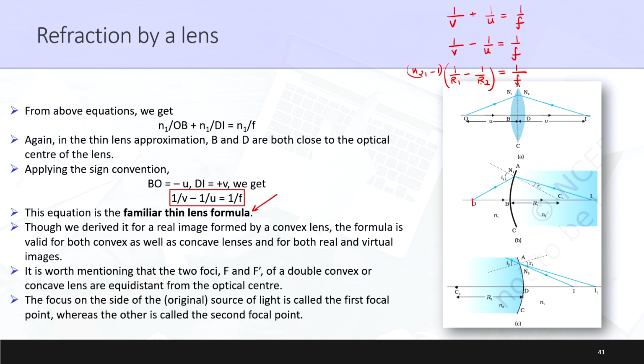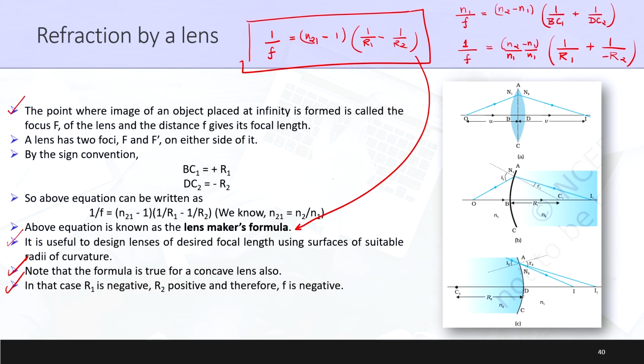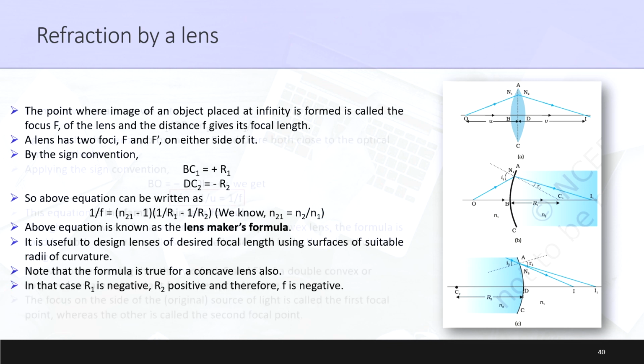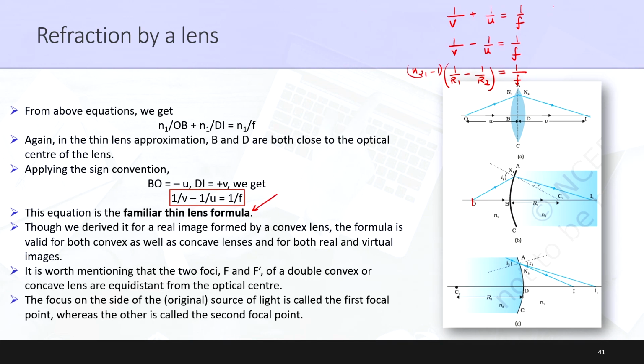I think these are the only three equations you need to remember, and the complete chapter is done. This is your mirror equation, this is your lens equation, and this is your Lens Maker's formula.